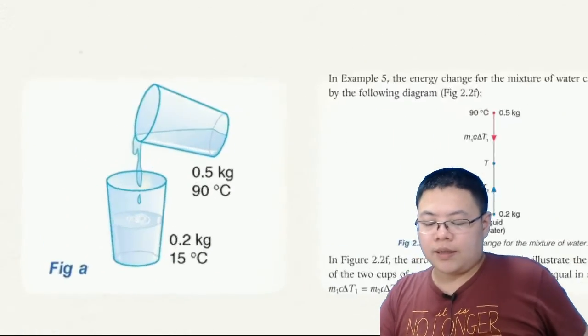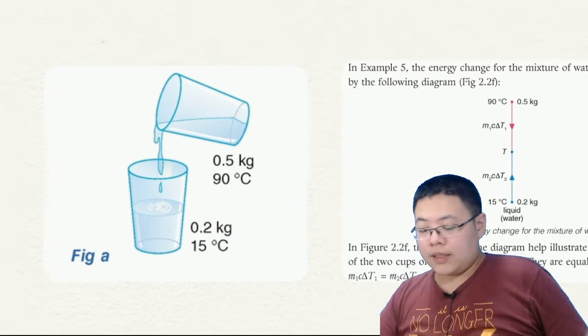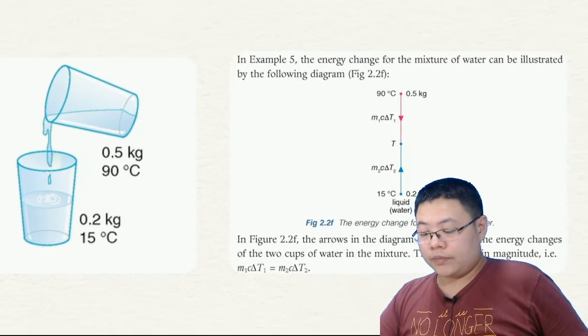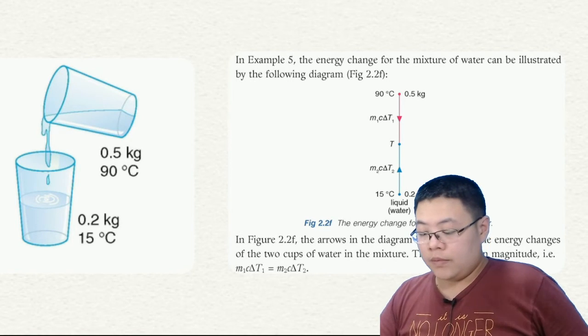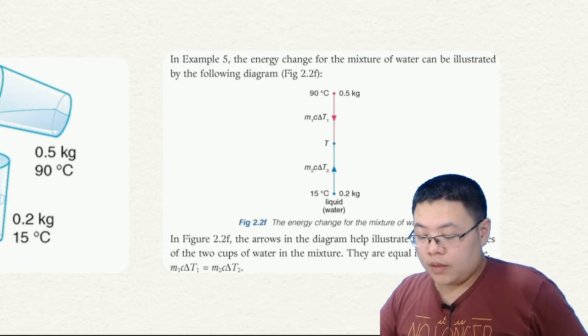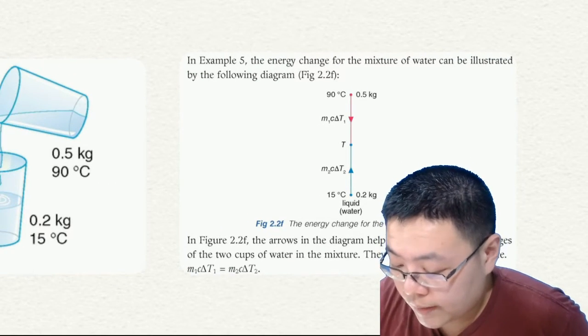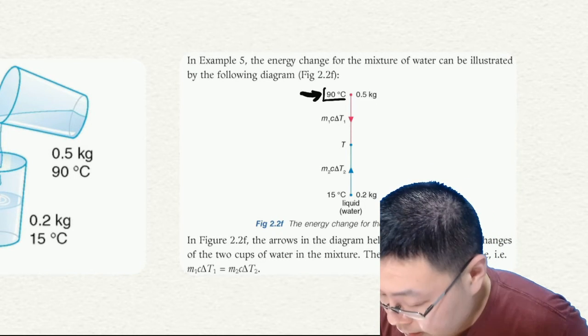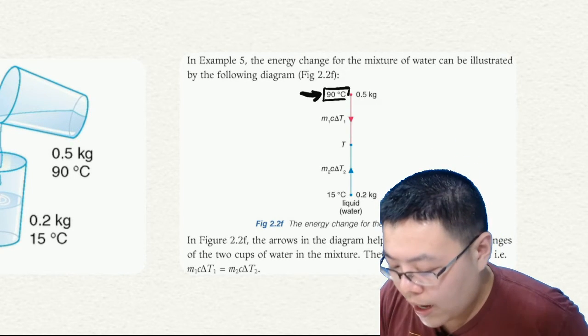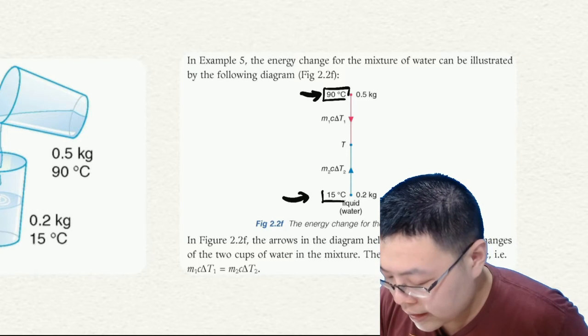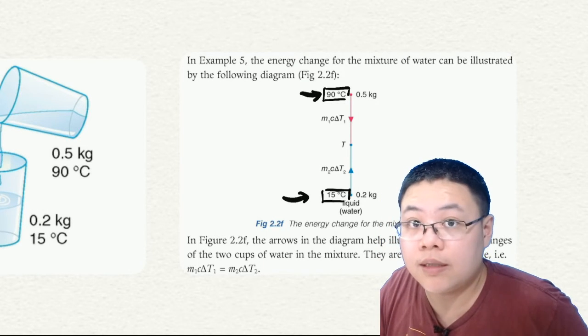Let's see what is happening. The hot object is at 90 degrees Celsius, while the cold water is at 15 degrees Celsius.